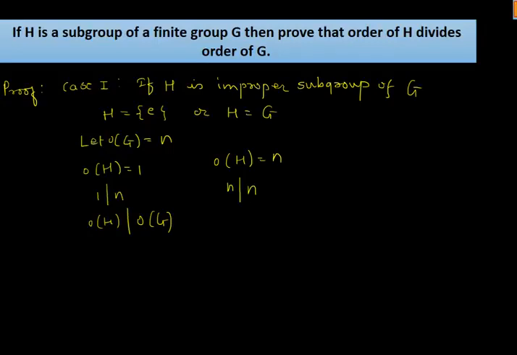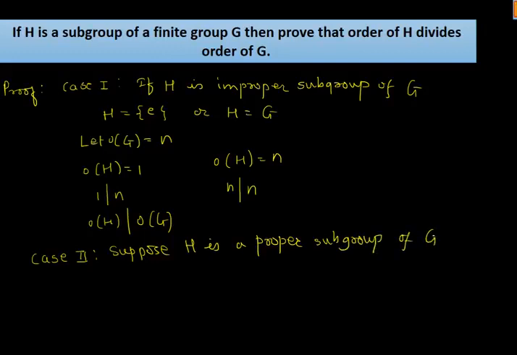But the interesting thing is we want to show that this theorem is also true for proper subgroups. So now I'm considering case number 2, and in this case I'm supposing that H is a proper subgroup of G. Now we have already assumed that the order of G is equal to n.